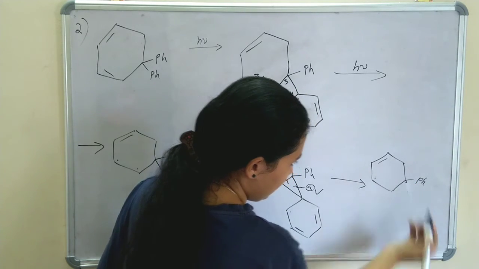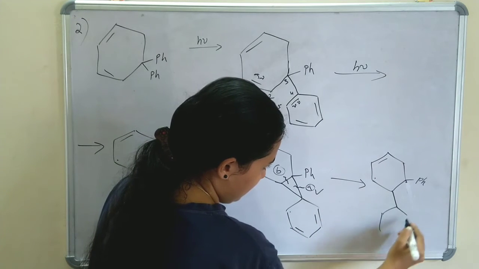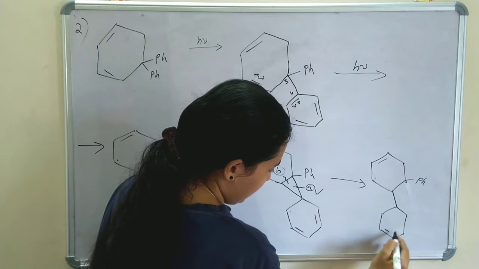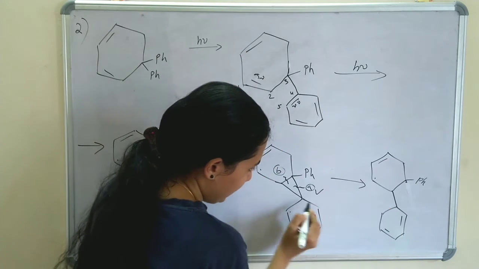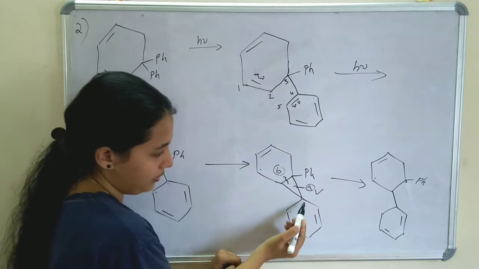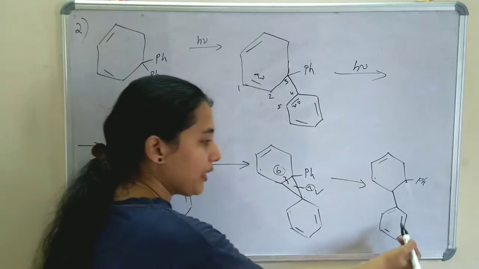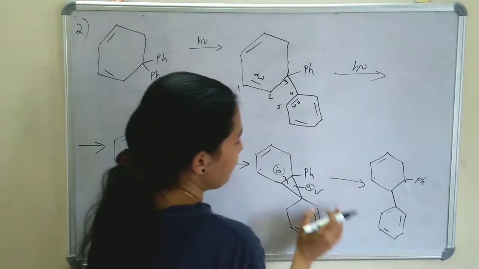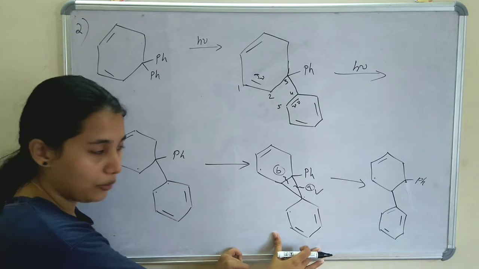So here a radical comes, and here what happens? This radical and this radical, a radical comes when the A bond is broken. This radical and this radical make a bond. So aromaticity is maintained. So we will prefer A cleavage because we have to maintain the aromaticity.